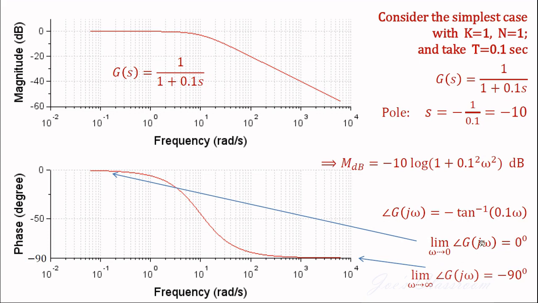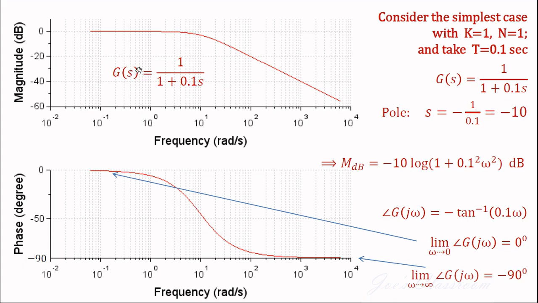And as omega tends to infinity, to the higher values of omega, if I apply that limit here, it is going to be tan inverse of infinity, and tan inverse of infinity is going to be 90 degree, and therefore it is minus 90 degree. So what we understand is, as the frequency increases from 0 towards infinity, the angle changes from 0 to minus 90 degree. Okay, so that's what we see here.